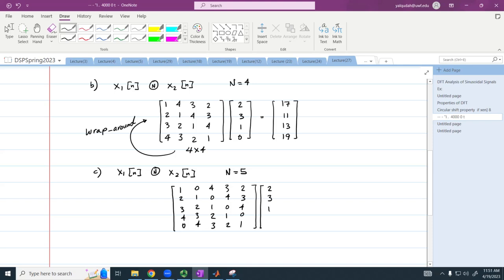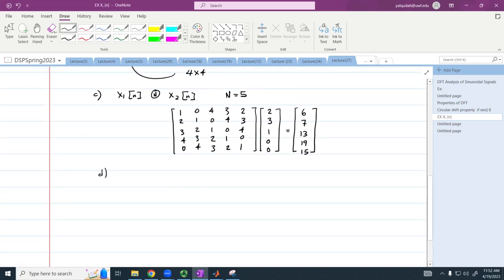Multiply by 2, 3, 1, 0, 0. And we get 6, 7, 13, 19, and 15. So this is circular convolution with n equal to 5.